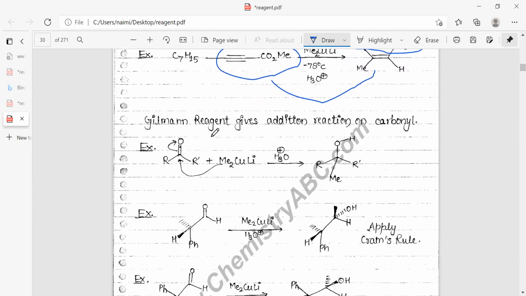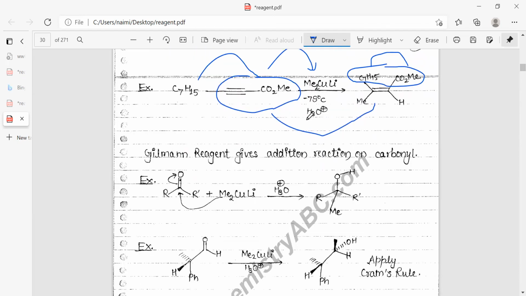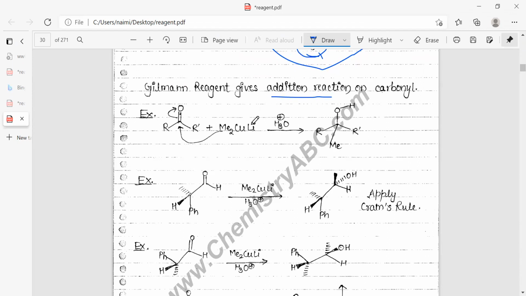You can see here I have also mentioned that acidic workup takes place. Acidic workup means H+ is given during the workup, so this hydrogen is attached via the hydronium ion. Gilman reagents give mainly addition reactions on carbonyls. First, this methyl acts as a nucleophilic moiety and attaches to this carbonyl group.